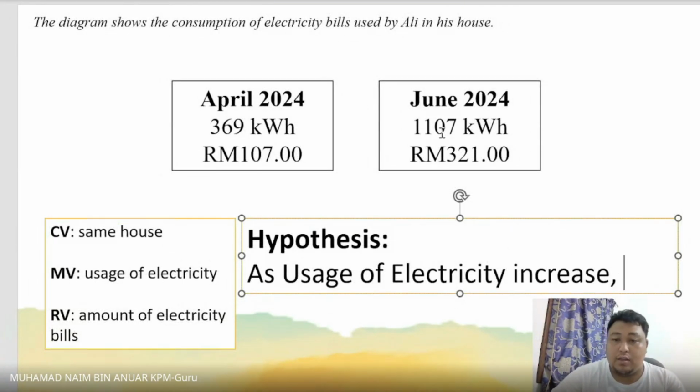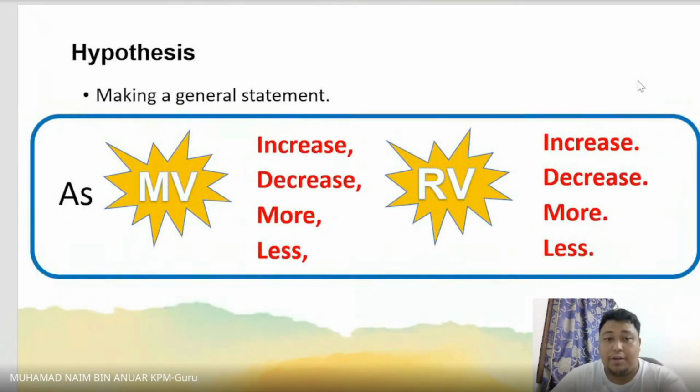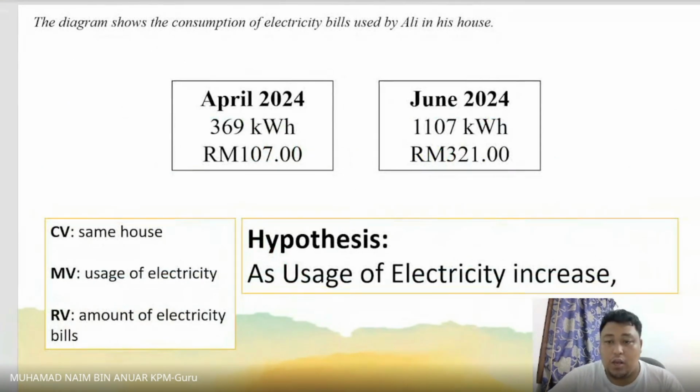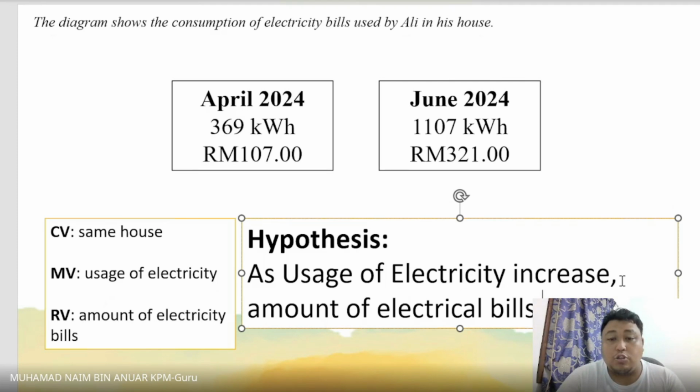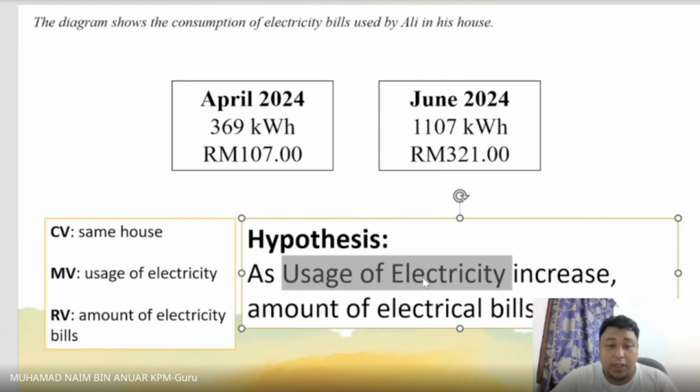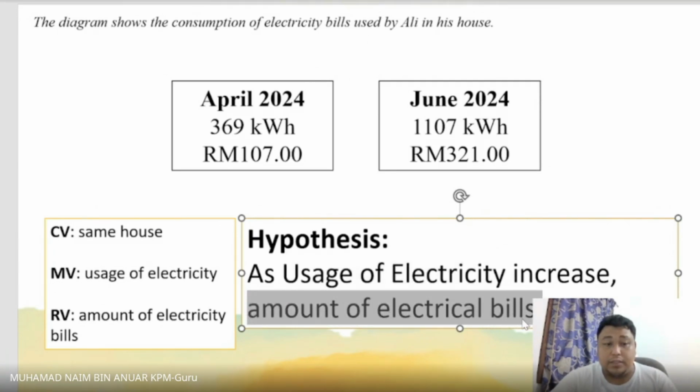Now put RV, comma. RV is the amount of electrical bills. Also, from 100 ringgit to 300, getting more and more. Also increase. This is how to write a hypothesis. Usage of electricity is MV. Amount of electrical bills is RV.